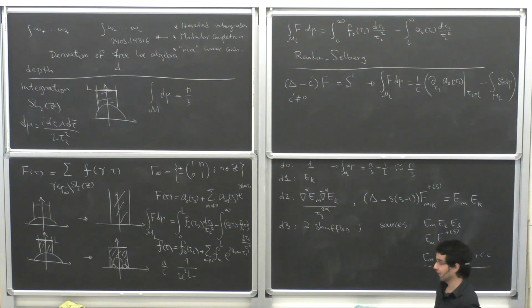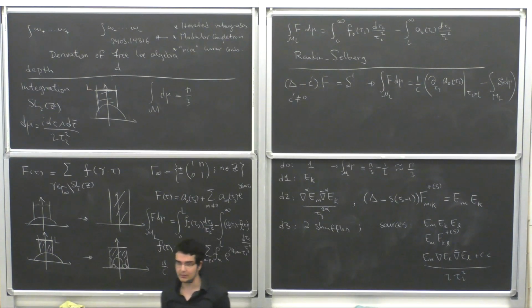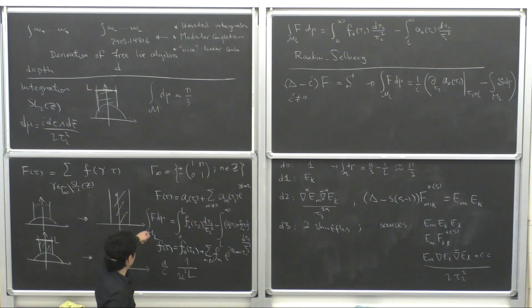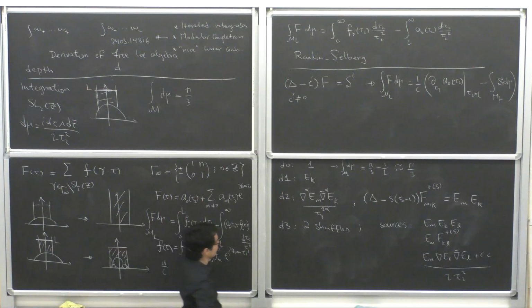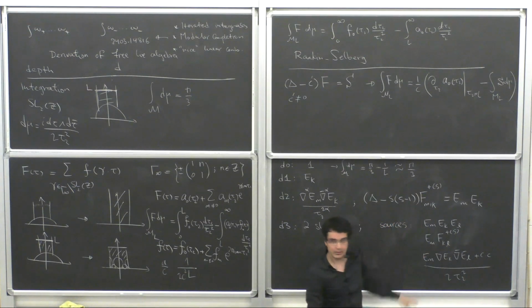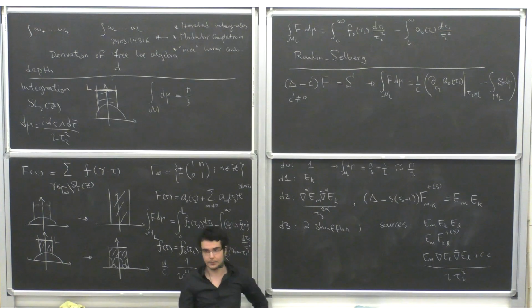On the sources. That's actually the idea: on sources you have shuffle functions that are much easier to integrate than the other ones. And using all these things, using this to integrate the sources and using that to integrate the functions themselves, you can integrate everything up to depth 3.